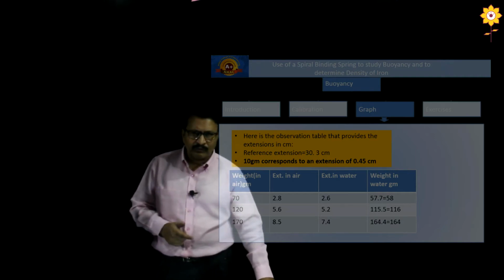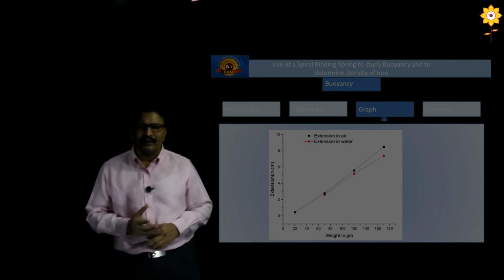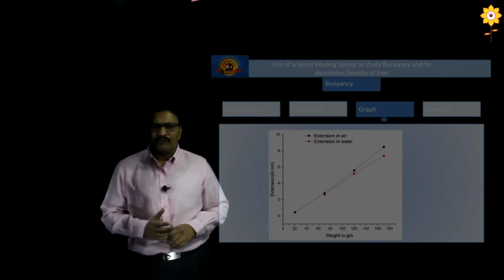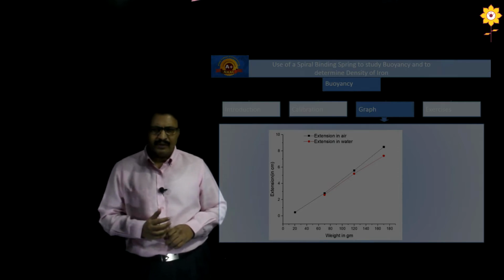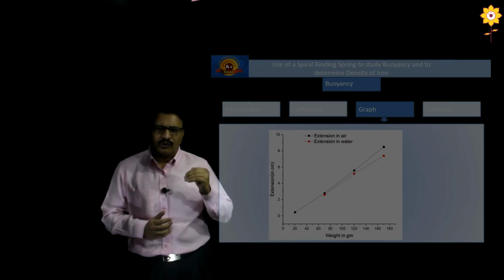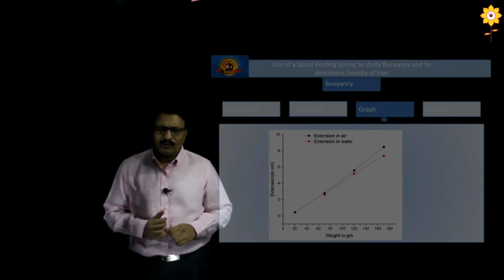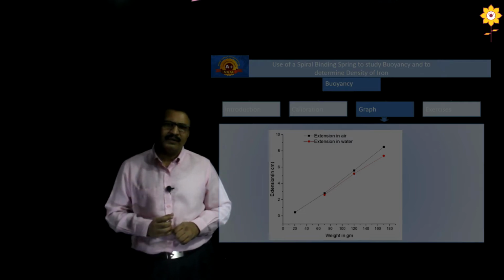Now we make a plot of this, and we find that the red line is for the extension versus the weight whenever it is in water, and the black trend line is for the values taken in air.